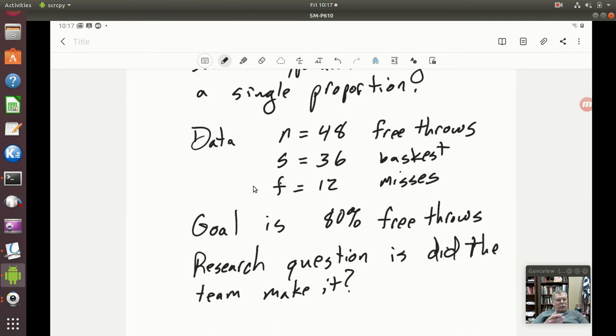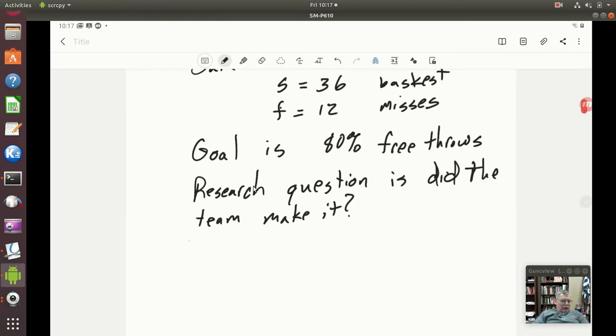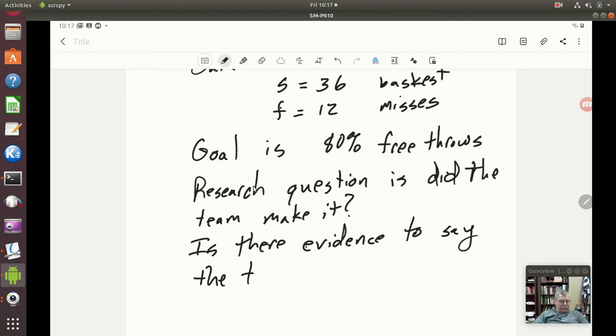But the real question is, is there evidence to say the team is not at 80%?